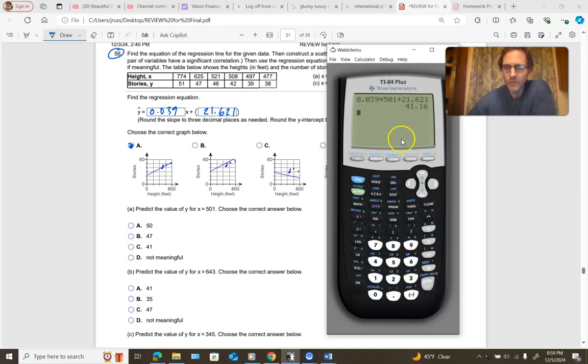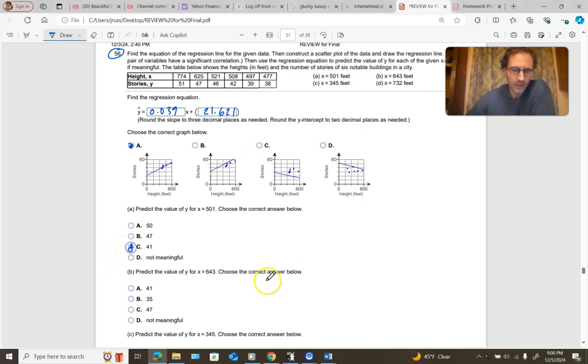You hit enter. This will be the predicted number of stories for a building that has a height of 501. You'll round to the nearest story. So 41 here, and you'll do that for most of these.